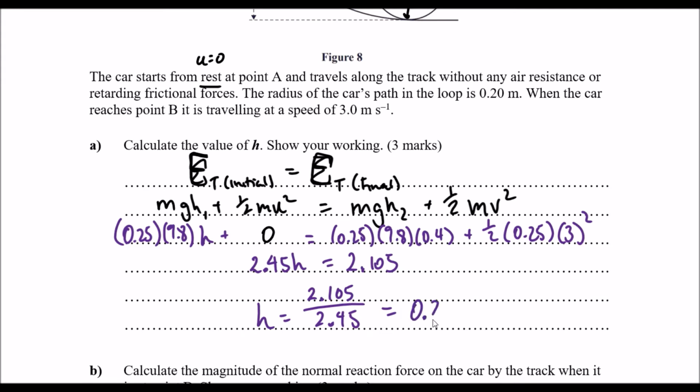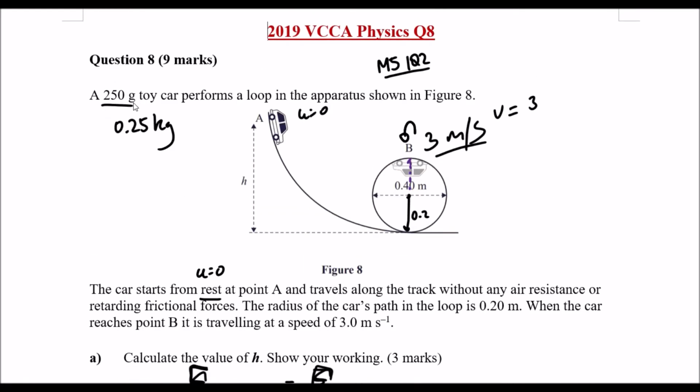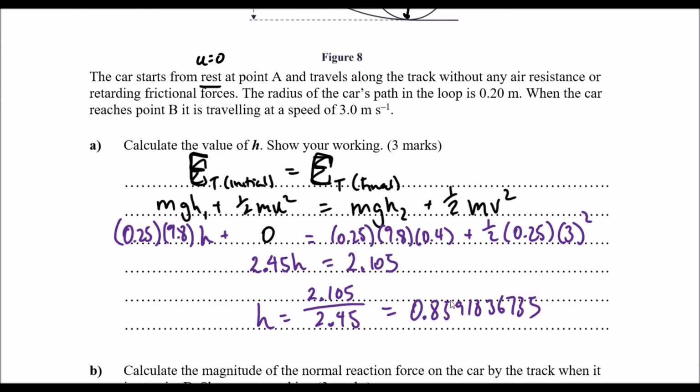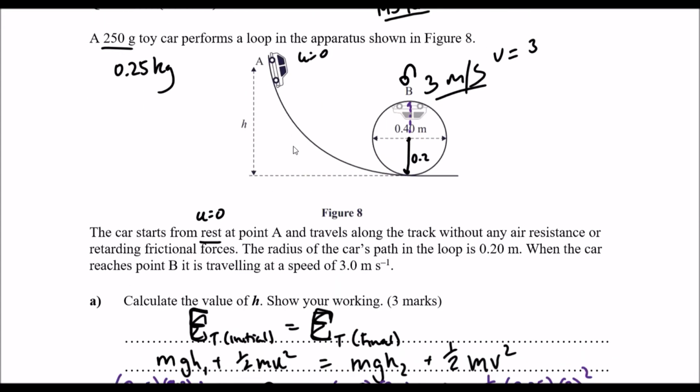That gives us 0.8591 in total. Now, if we look at this question, the lowest sig figs that we seem to have is 2, so we'll round it off to 2 significant figures. So we'll get 0.86 meters. And that's our height up here.